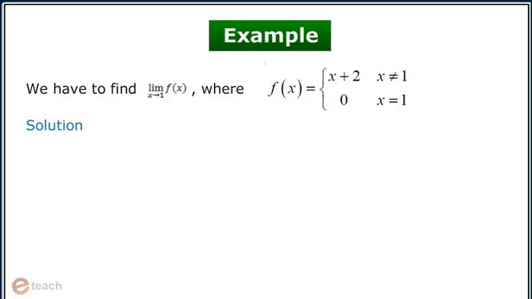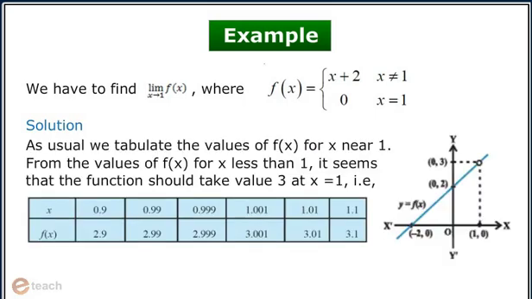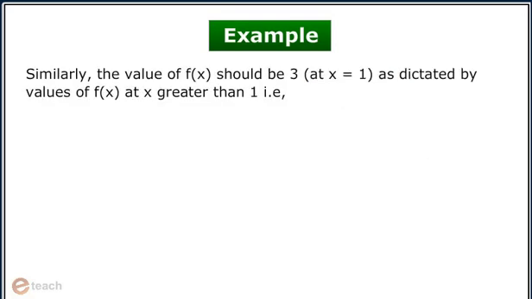Solution. As usual, we tabulate the values of f(x) for x near 1. From the values of f(x) for x less than 1, it seems that the function should take value 3 at x equals 1. That is, the limit as x tends to 1 minus of f(x) equals 3. Similarly, the value of f(x) should be 3 as dictated by values of f(x) at x greater than 1.